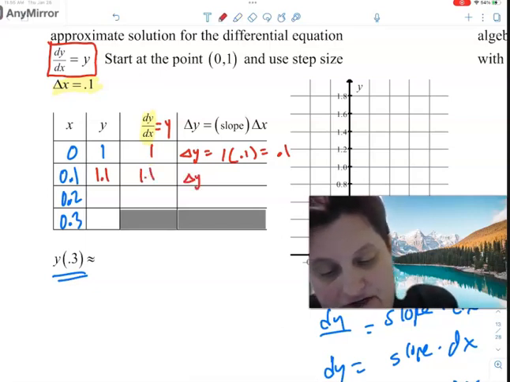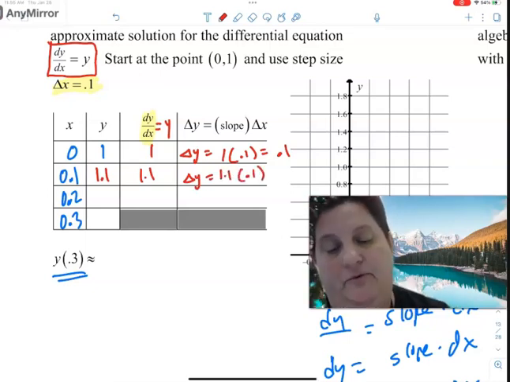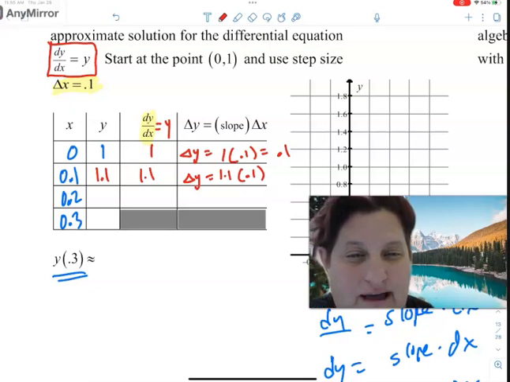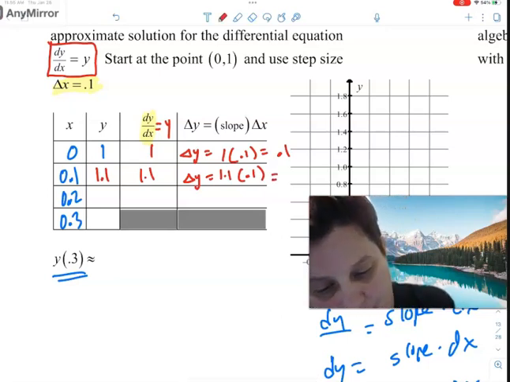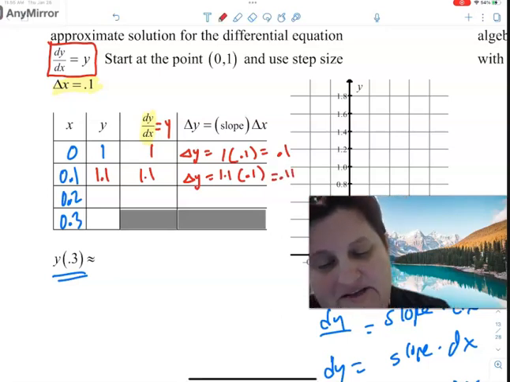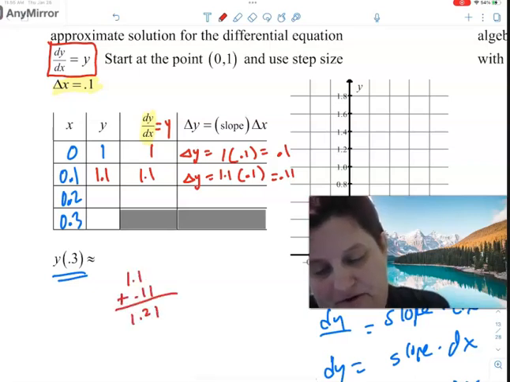Now, the next change in y is the slope times 0.1. 11 times 1 is 11. Move the decimal place over 2 times, so now it's 0.11. That's my new step. So 1.1 plus 0.11 is 1.21.